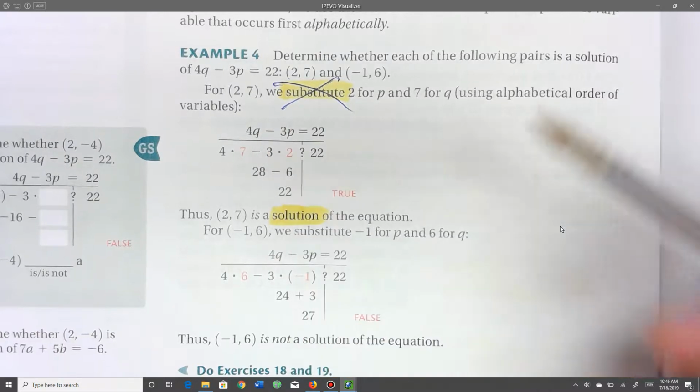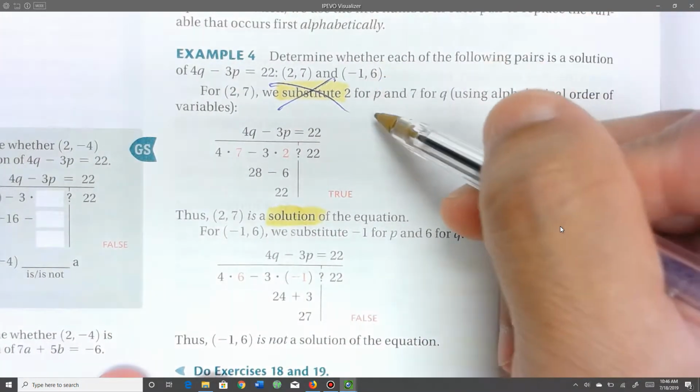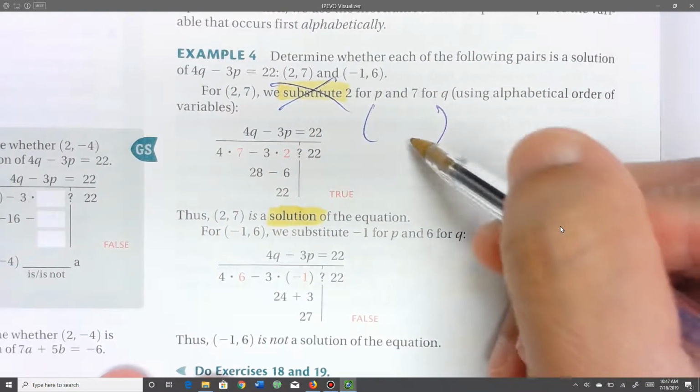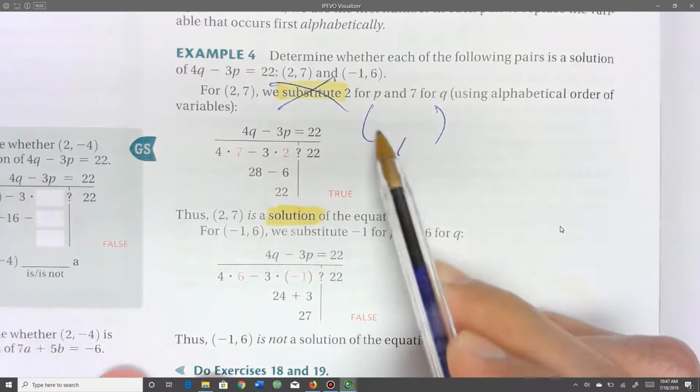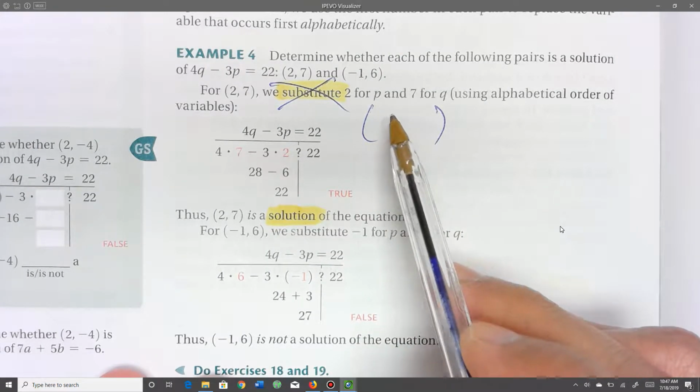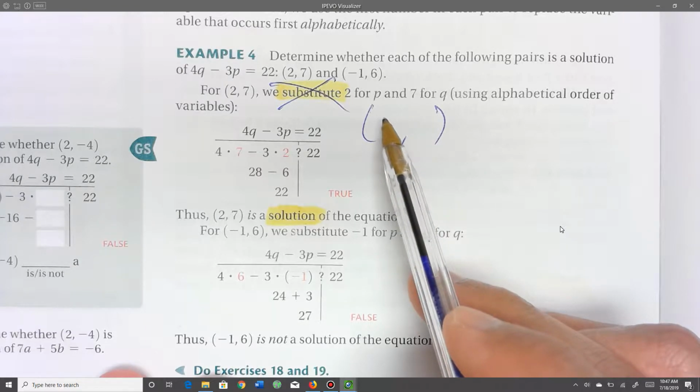What I mean by that is, if you are thinking about ordered pairs, remember that the first variable comes first in the alphabet.